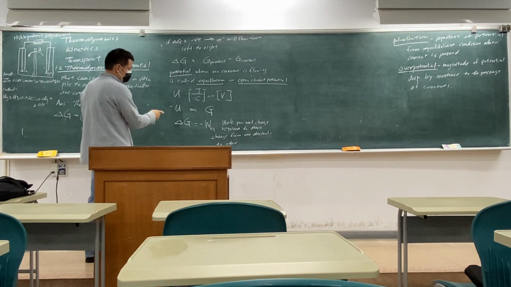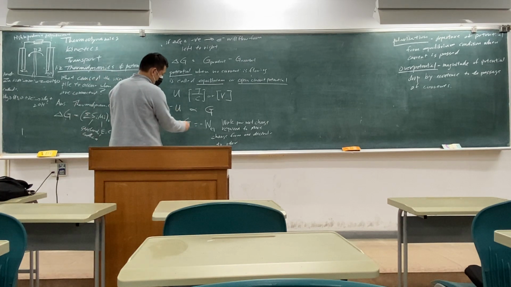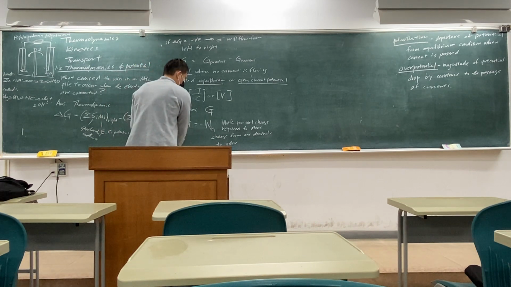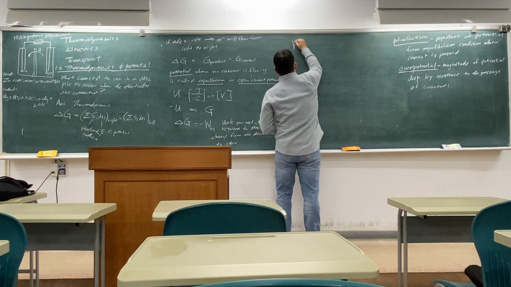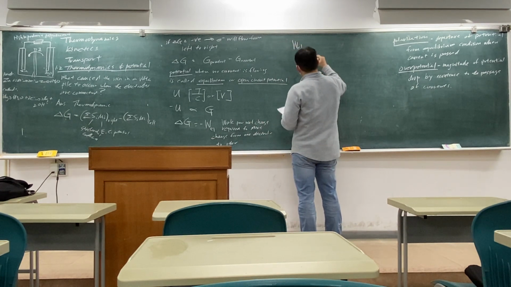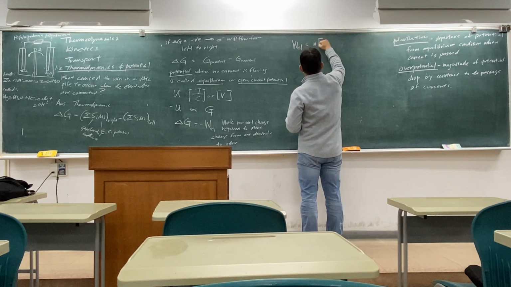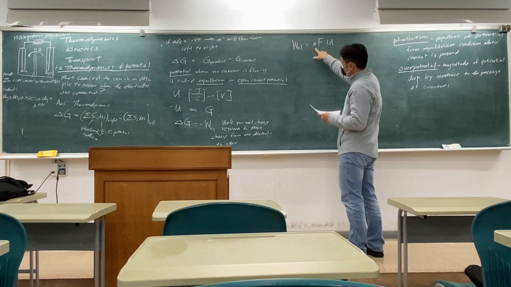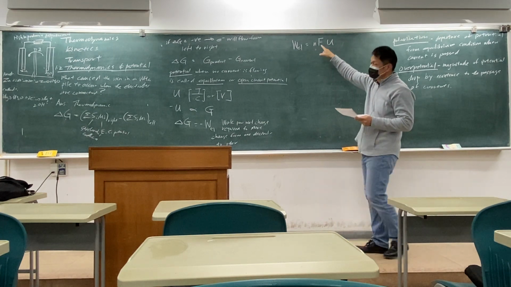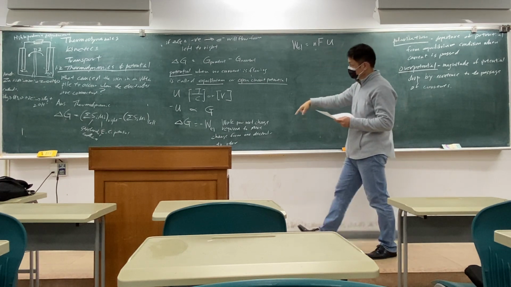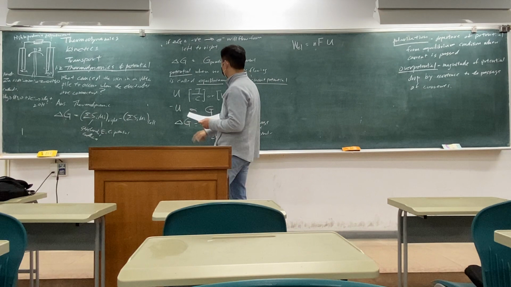So this is related to delta G by the following. This work is equal to NFU. Okay? So N is the number of electrons, F is the Faraday's constant, and U is the big U, the equilibrium potential.